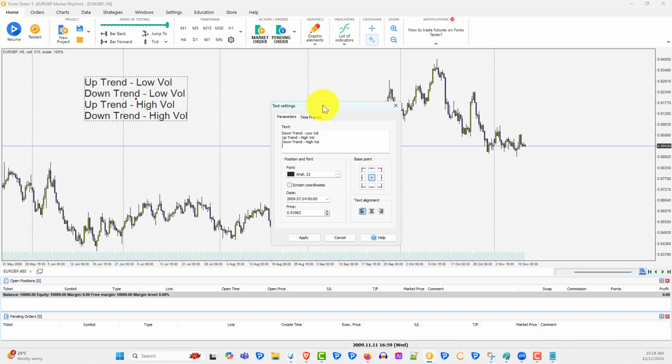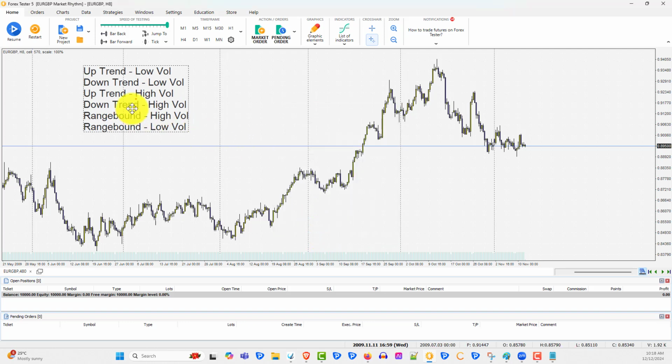Then there's range bound, or consolidating, or directionless, however you want to call it: high volatility range bound, and low volatility range bound. Okay, that's it. That's all there is, right? So based on our look of the markets here, I would say that we are in downtrend high volatility, which is type 4 here. So if we go 1, 2, 3, 4, we're in downtrend high volatility.